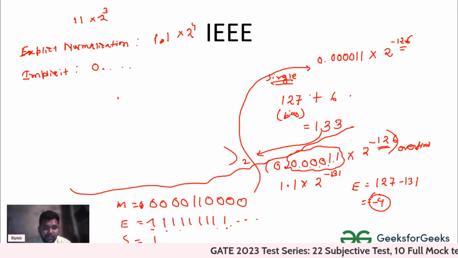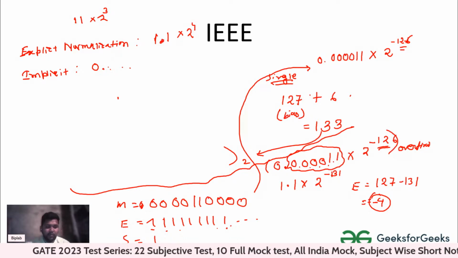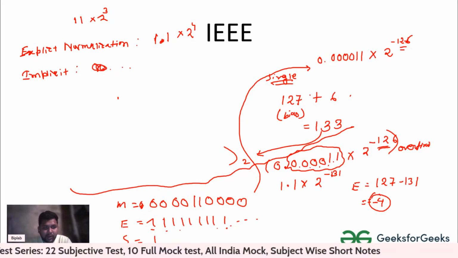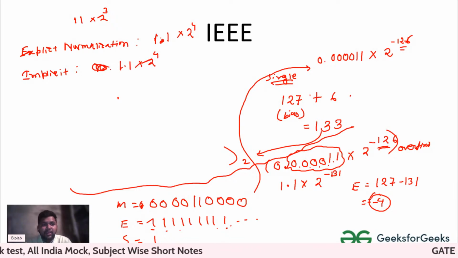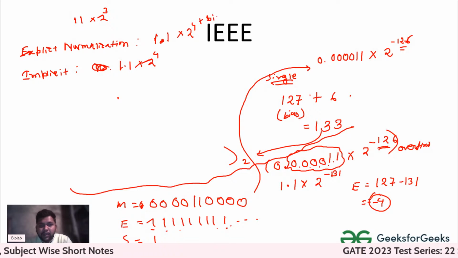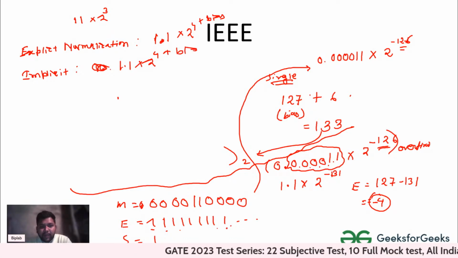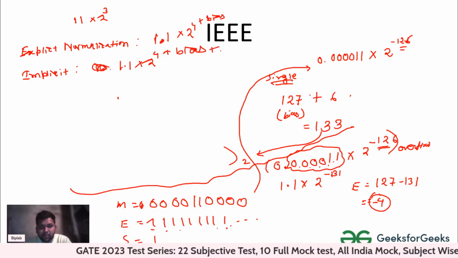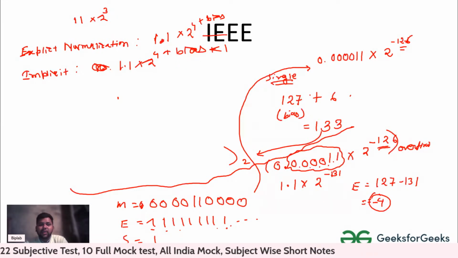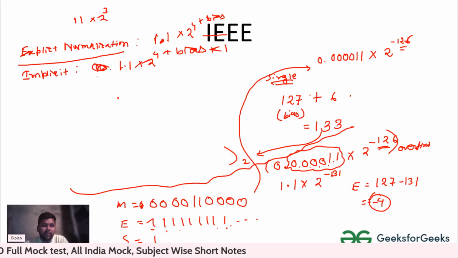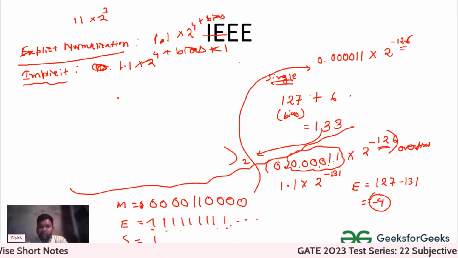In the explicit mode you add the bias, and in the implicit mode you add the bias with a 1. When it comes to IEEE, we always do explicit normalization, but if the question asks you to do it implicit, then you add one more.